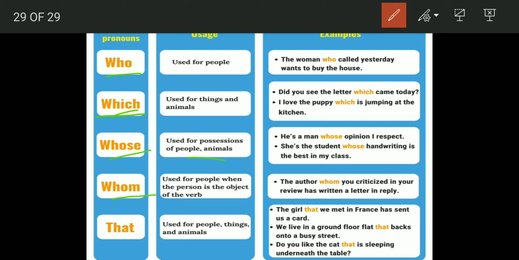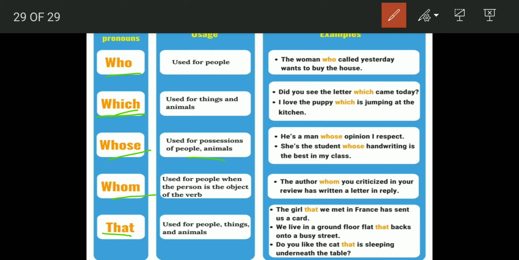Then whom is again used for people. The author whom you criticized in your review has written a letter in reply. The person whom you called yesterday was looking for you. So whom is used for people. That can be used for people also, for things also, for animals also. Like, the girl that we met in France has sent us a card.